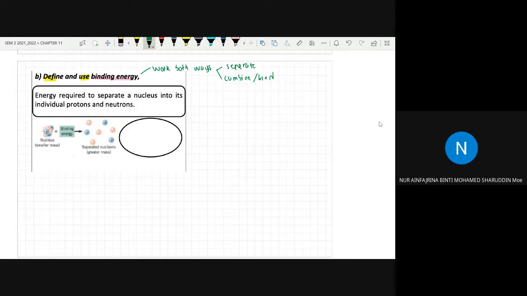Binding energy is the energy required to separate a nucleus into its individual protons and neutrons. So bila Miss ada binding energy, baru dia boleh separate kepada individual protons dan juga neutrons dia.